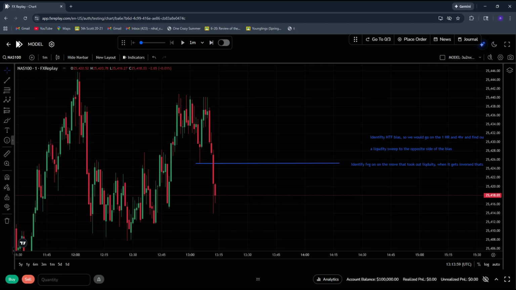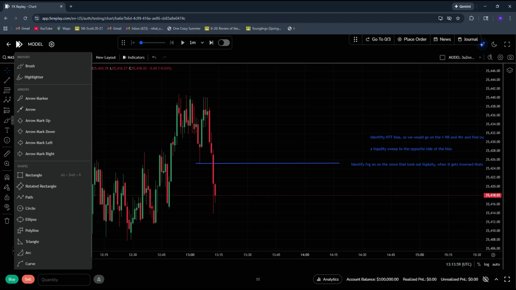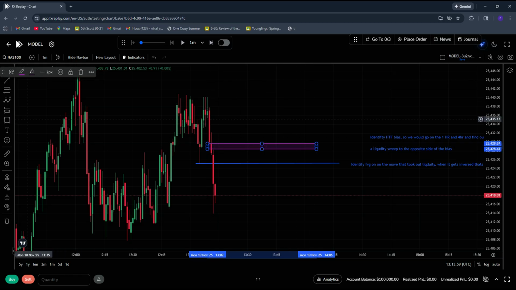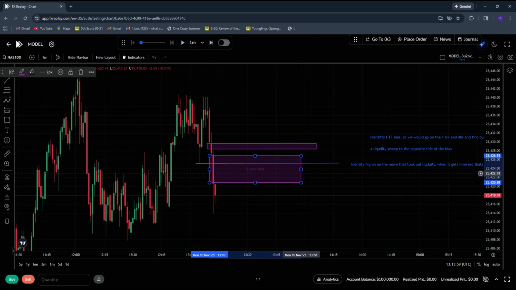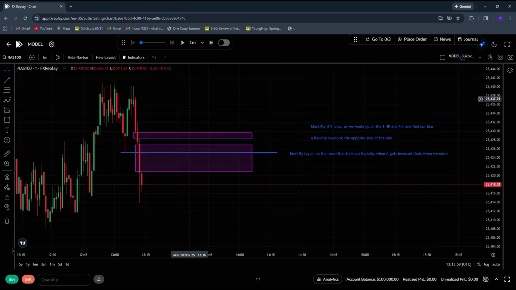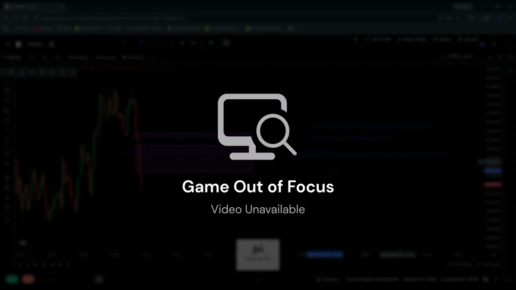So if we look here, we have a gap right here and another fair value gap right here. So we need to wait for both of them to be inversed. But another thing is that the fair value gaps have to be the same type and same color.